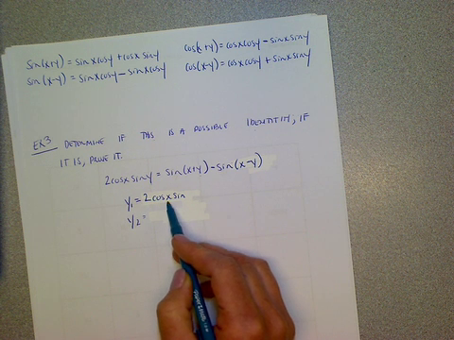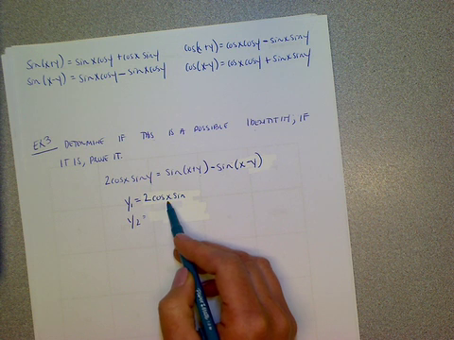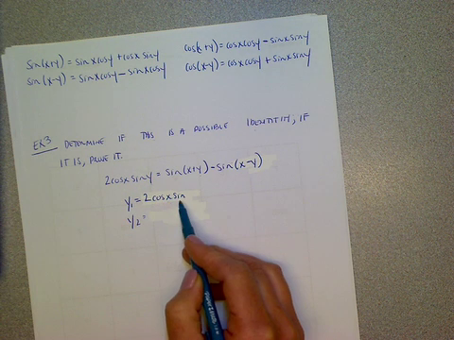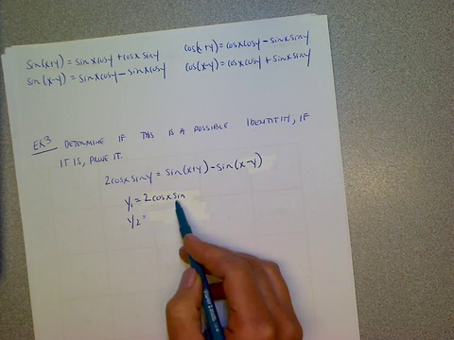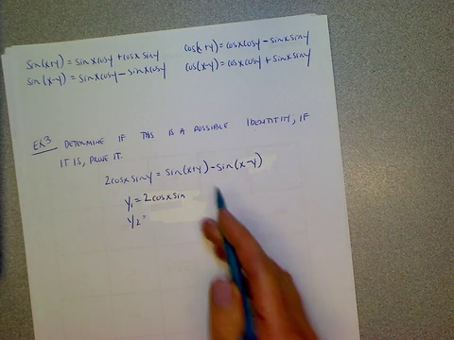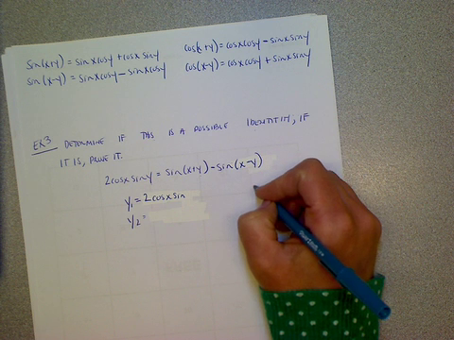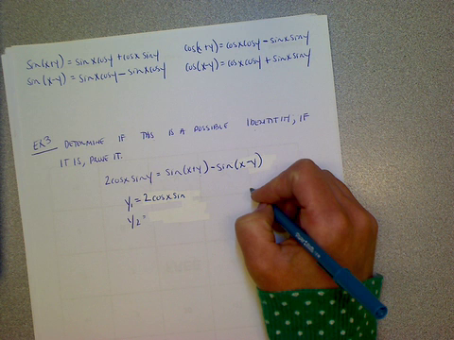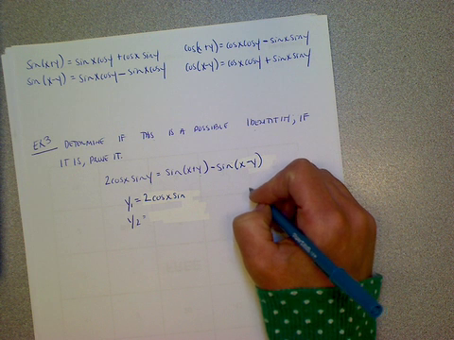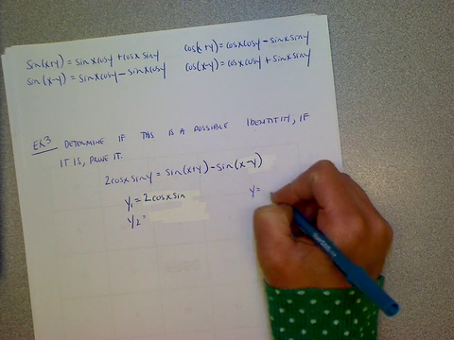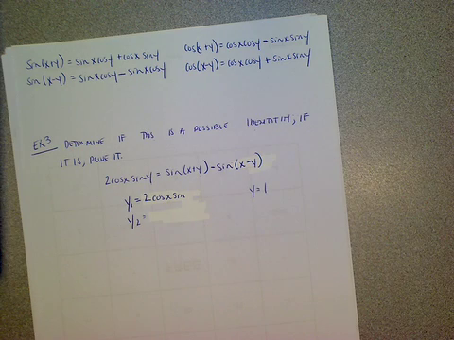So in order to determine if this is a possible identity, we're going to choose a value for y. You can choose any value for y; it doesn't have to be in terms of radians. For example, I'm just going to pick y equals 1, just because it's easy to type in.